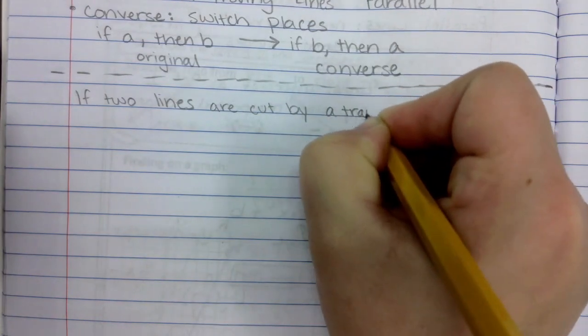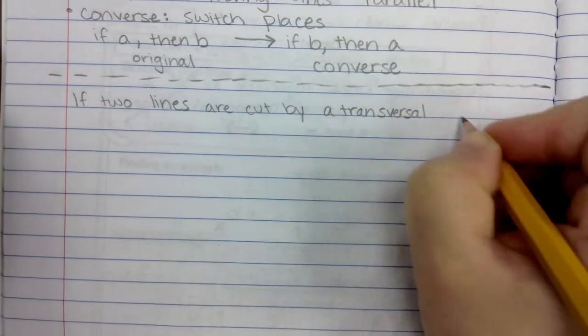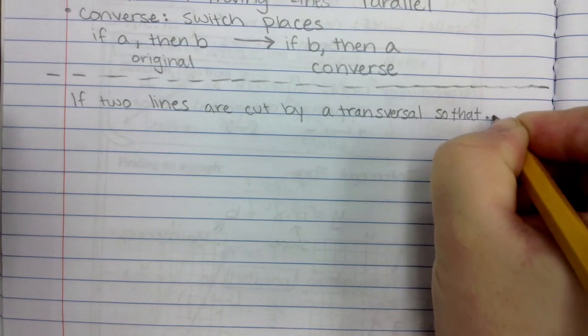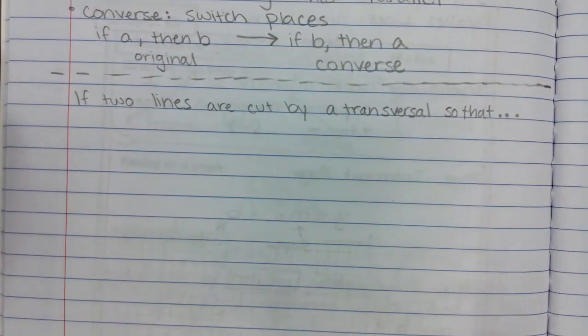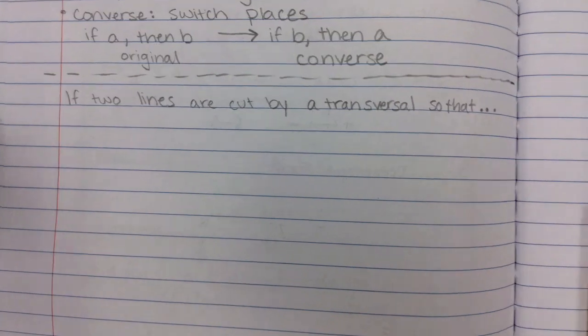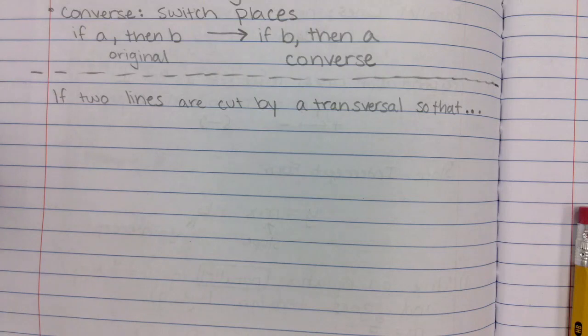Because really there's four converses we have here, and rather than writing that sentence 4 different times, we're going to just break it up into 4 different parts here. So if two lines are cut by a transversal, so that our first one is that corresponding angles are congruent.